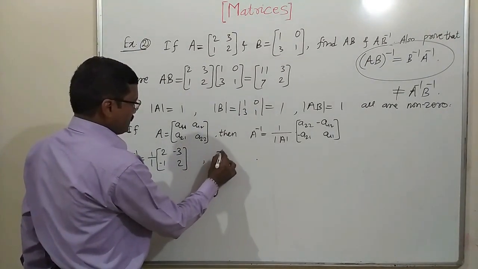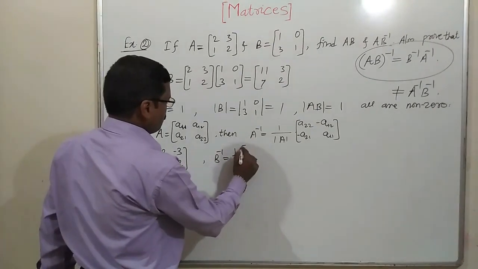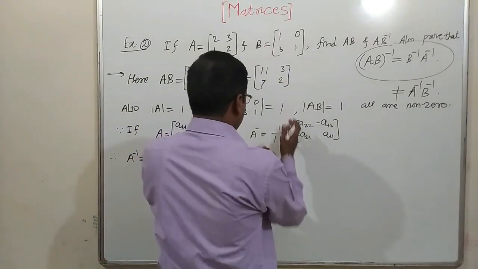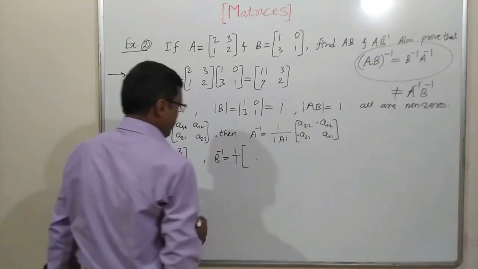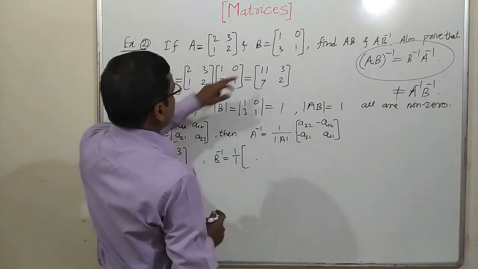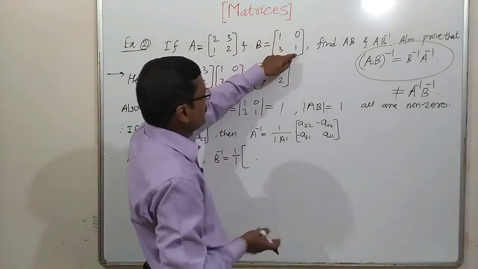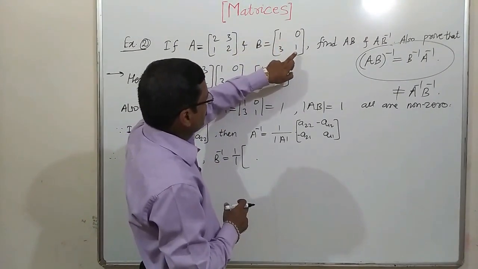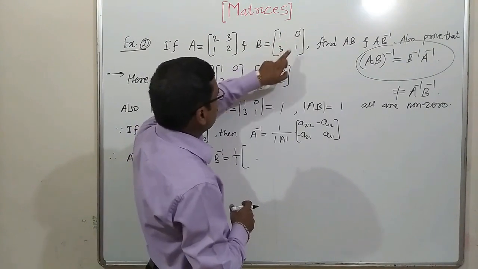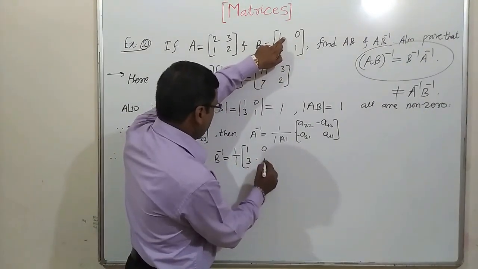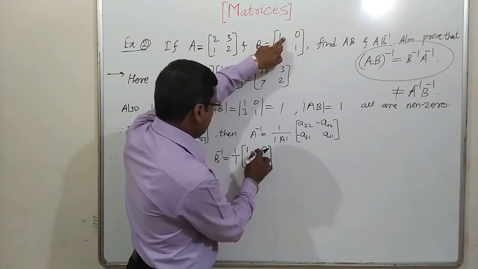Similarly, B inverse is equal to 1 upon 1, that is 1, because the formula is 1 upon determinant into adjoint. So for B, the elements are 1 0 3 1 in our usual reading. In inverse we will read from the last element, 1 0 3 1, and change the signs of these 2.